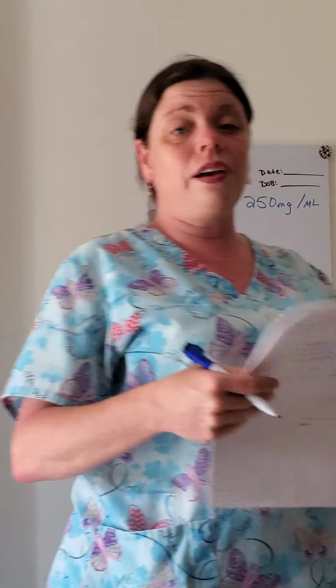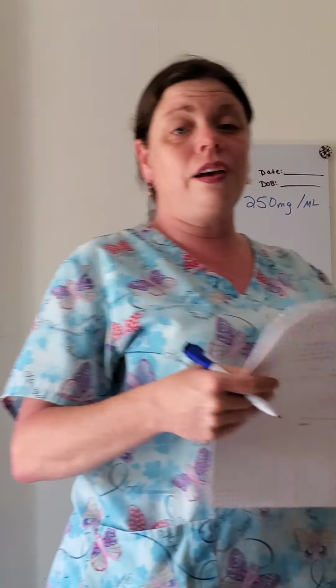So 2 mLs per dose, 4 mLs per day, and it came out to 120 mLs for the entire prescription. So per dose, that's where your instructions go. Going to take 2 ml, by mouth, twice a day, BID, for 30 days.